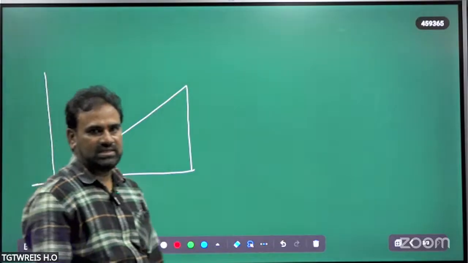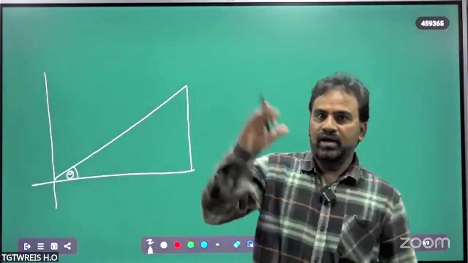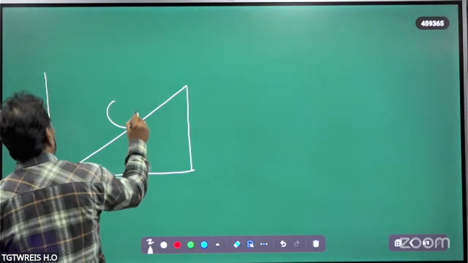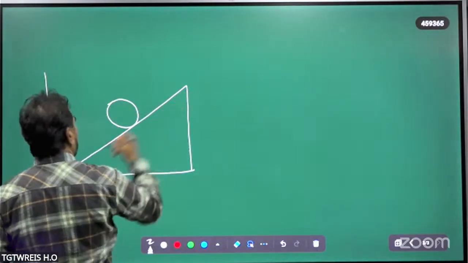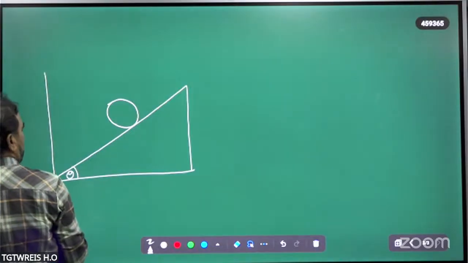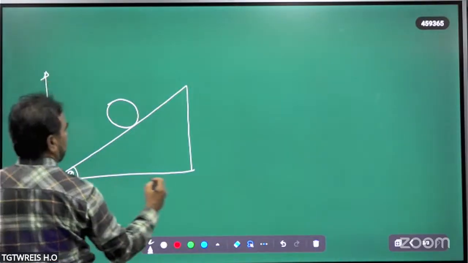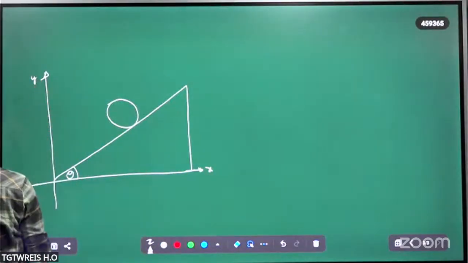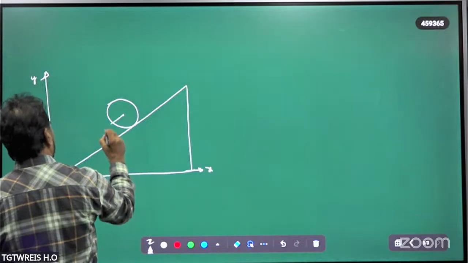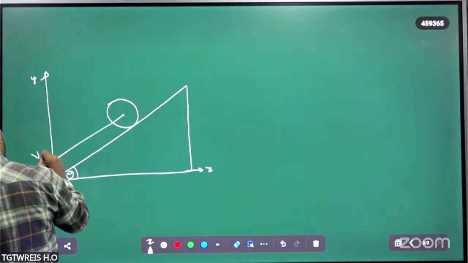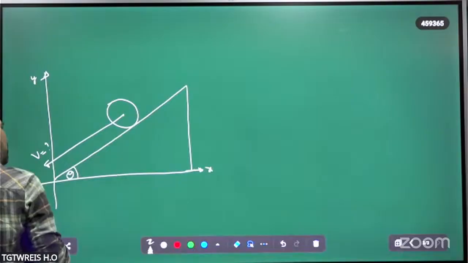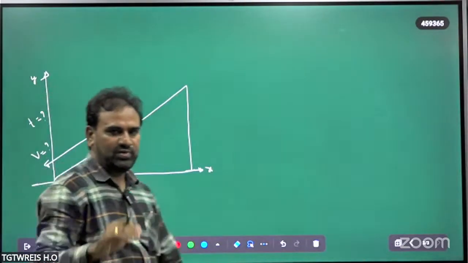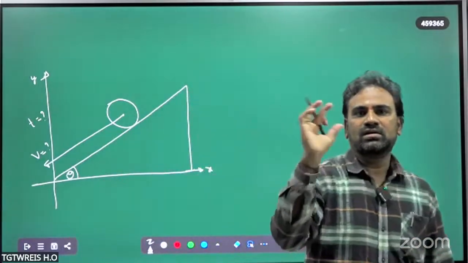An object is rolling from top to bottom in the downward direction. Let's say this is the x-axis and this is the y-axis. So with what velocity will it reach the bottom? V is equal to how much? And how much time will it take to reach the bottom?